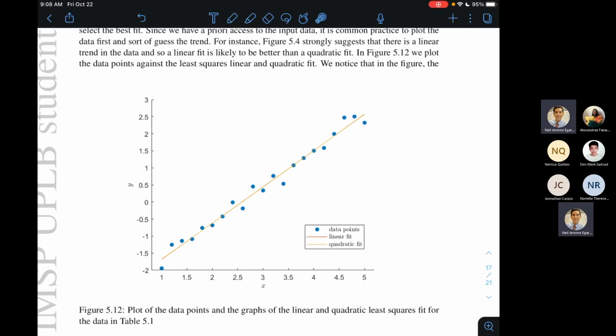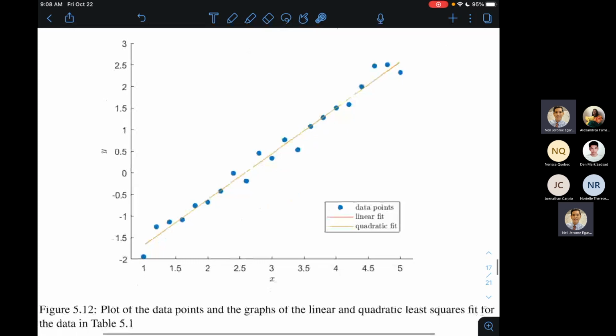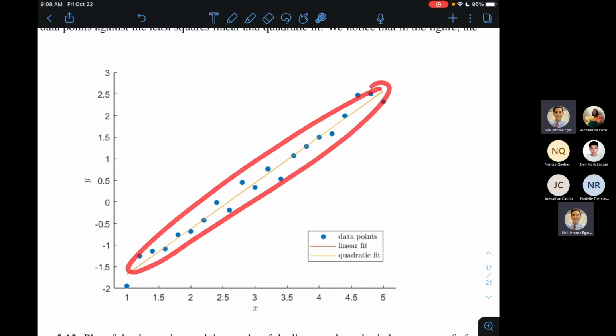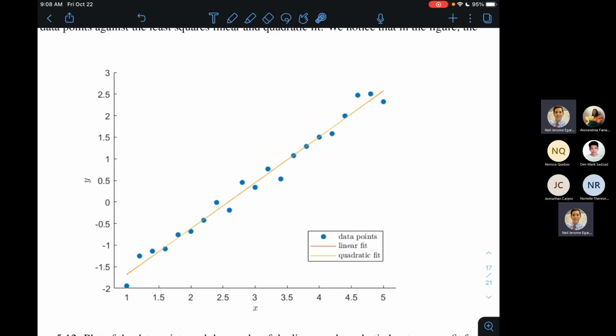And actually, the quadratic fit that I got ay halos kamukha na nung linear fit. Because in graph 5.12, we should have seen two curves, the linear fit and the quadratic fit. Kaya lang yung linear at saka yung quadratic fit almost nag-coincide na silang dalawa. And unfortunately, I forgot to display exactly what A, B, and C I got after using the quadratic fit.